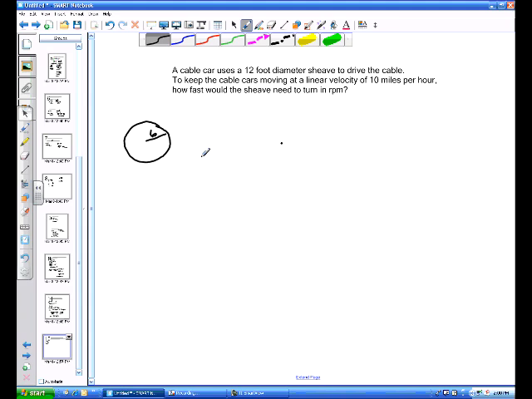So let's go ahead, and what we need, we know that linear velocity is the radius times the angular velocity. Well, in this case, we're needing to know our angular velocity. So our linear velocity divided by the radius would be our angular velocity.